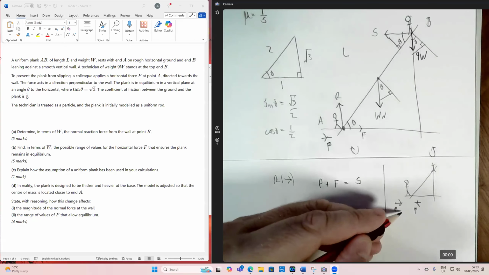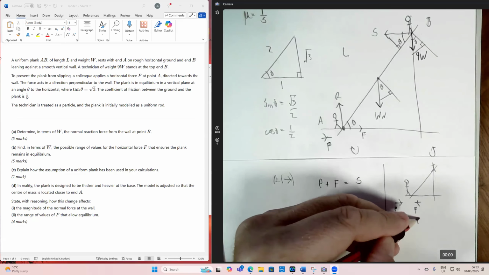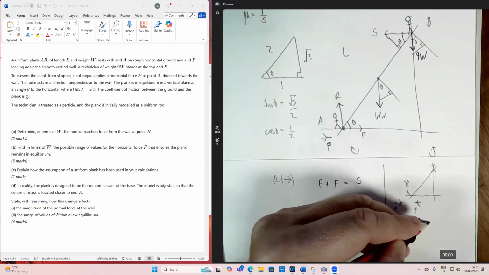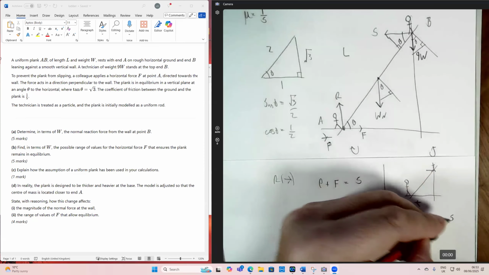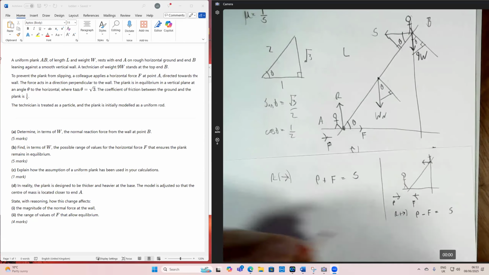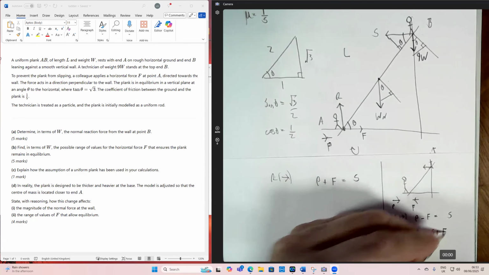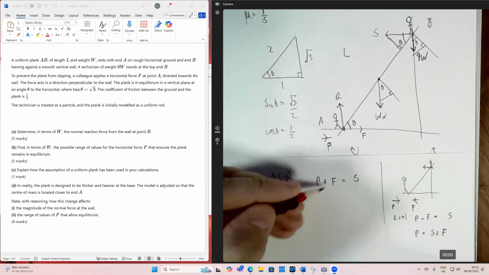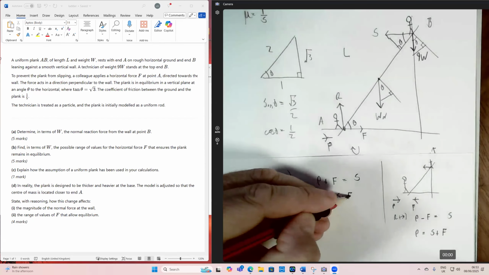So what we've now got when we resolve horizontally in this situation is that P minus F is equal to the S up there. So slightly different, yeah? So we could say that P is equal to S plus F when we rearrange that. And in this one, we could say that P is equal to S minus F.